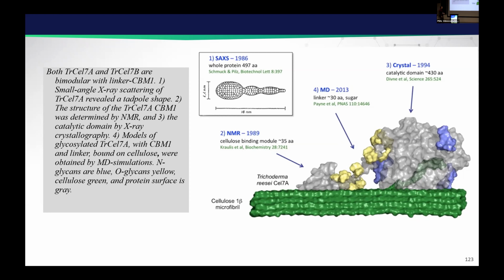The cellulose binding module grabs onto the cellulose and guides the motion along the strand. The catalytic domain breaks the strong hydrogen bonding in the cellulose and creates smaller glucose units. That's what we want to understand in order to improve this catalytic process.